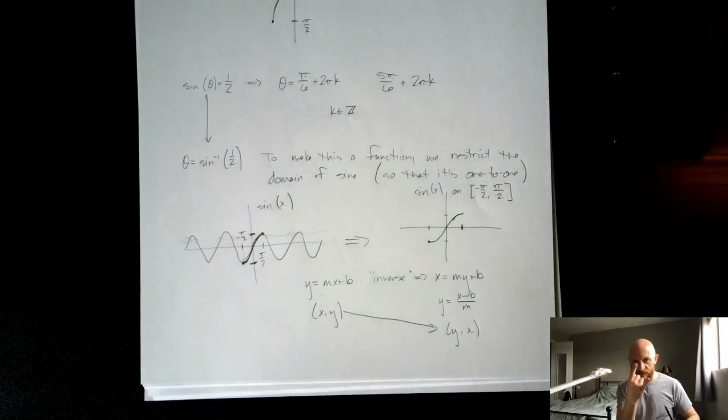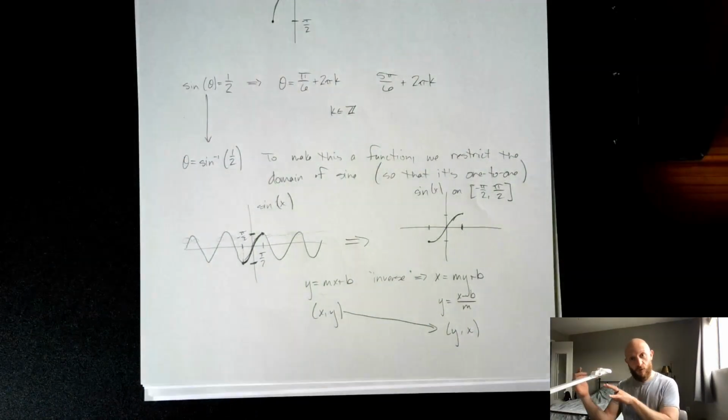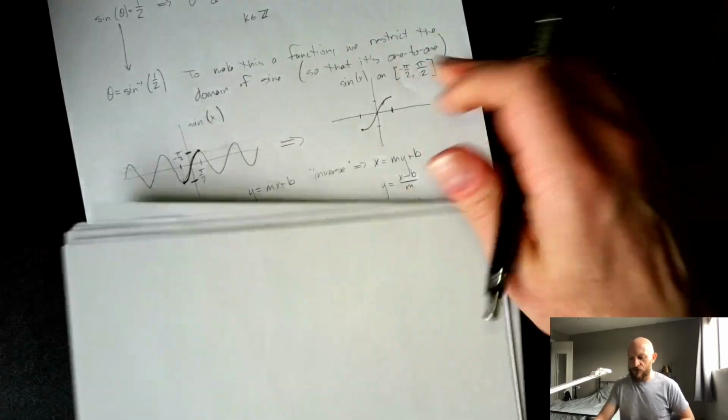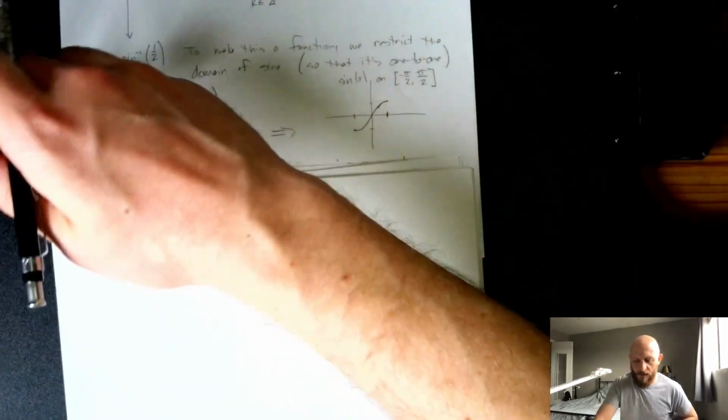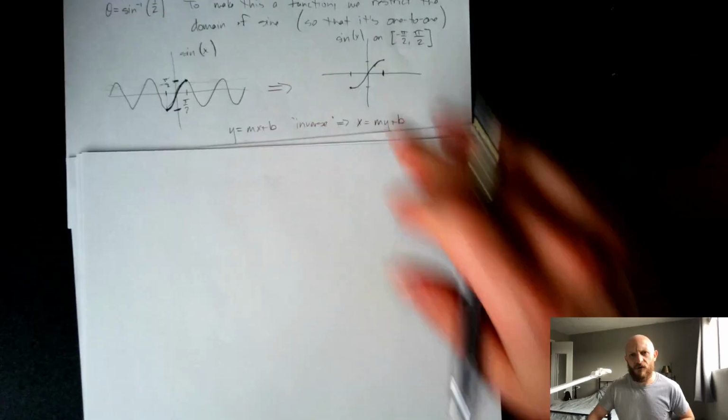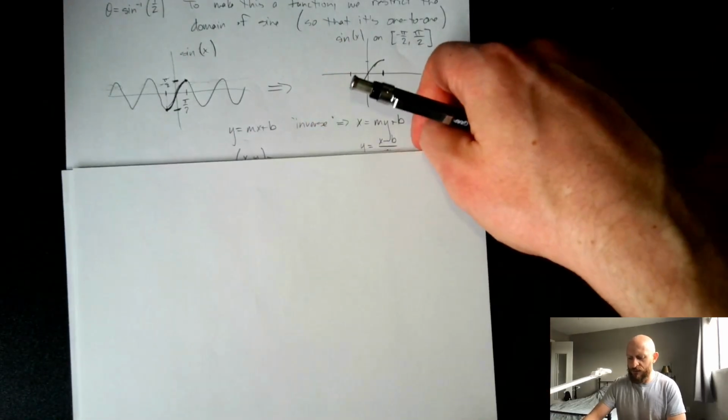So taking coordinate pairs and just flipping them tells you coordinate pairs of the inverse function. So that's what we'll do with our new restricted domain function: grab some points, write out the coordinate pairs, and then flip them to derive some of the points.